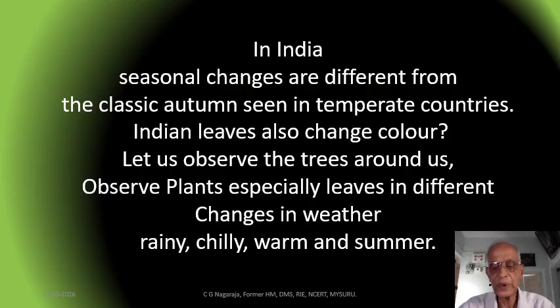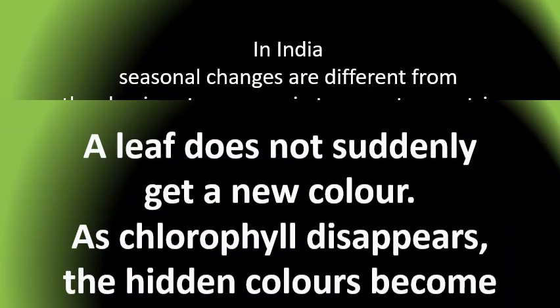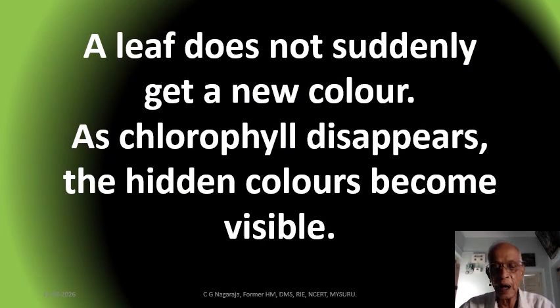Other coloration like pink and yellow gradually changing, you will not be able to observe carefully here in the country because of the temperature. The simple answer is that a leaf does not suddenly get a new color. As chlorophyll disappears, the hidden colors become visible. Then the color changes are very pleasant to see.